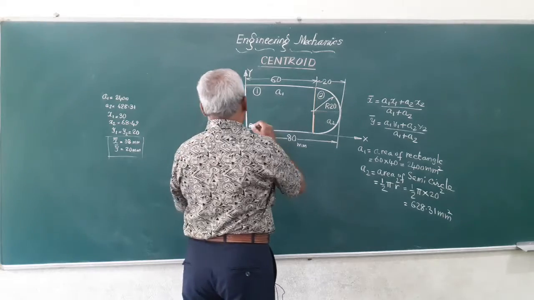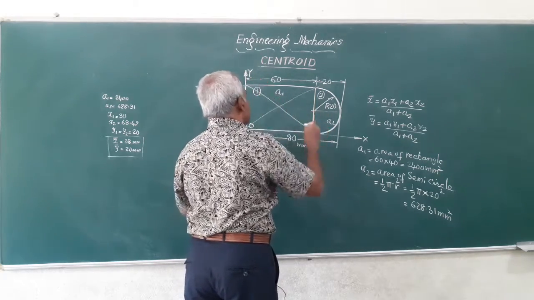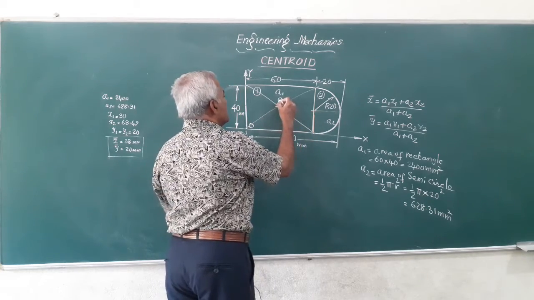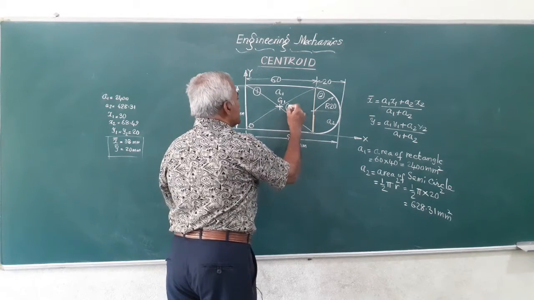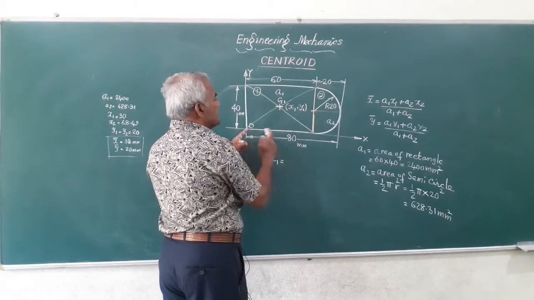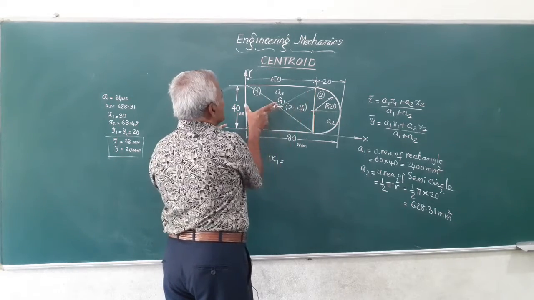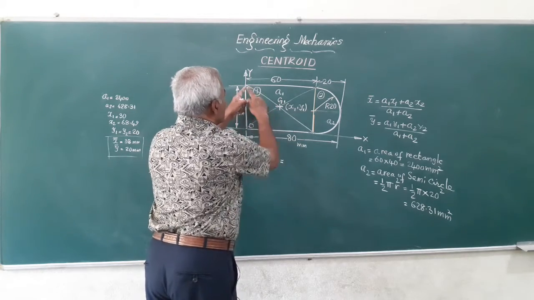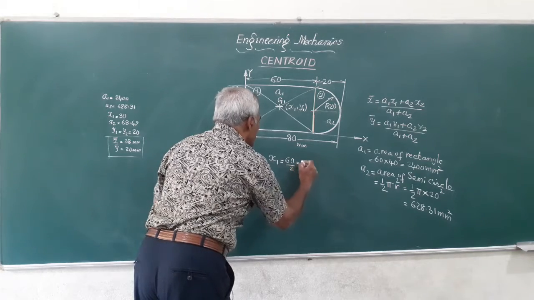For rectangles and squares, if you join the diagonals, they meet at a common point, which we can call G1, the centroid of the rectangle, with coordinates x1, y1. The x1 value is this distance by 2, that is 60 by 2. So x1 is equal to 60 divided by 2, that is 30 mm.